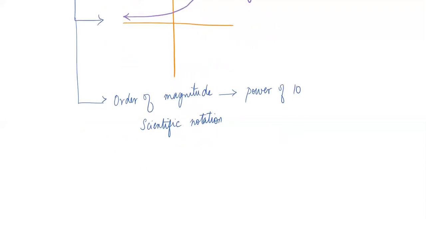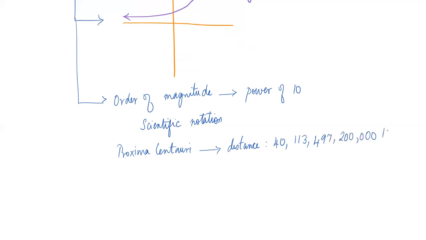For instance, let's say the distance to the nearest star, Proxima Centauri, that's the nearest star. Distance is measured in kilometers. So I'm just going to write this, 40,113,497,200,000 kilometers.